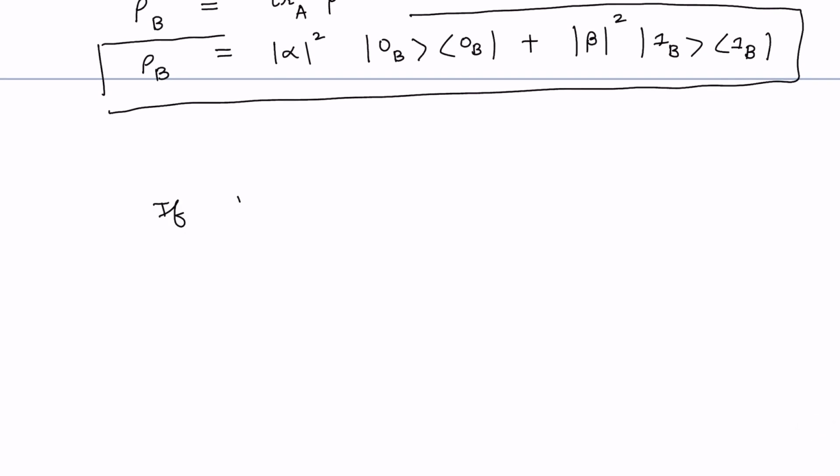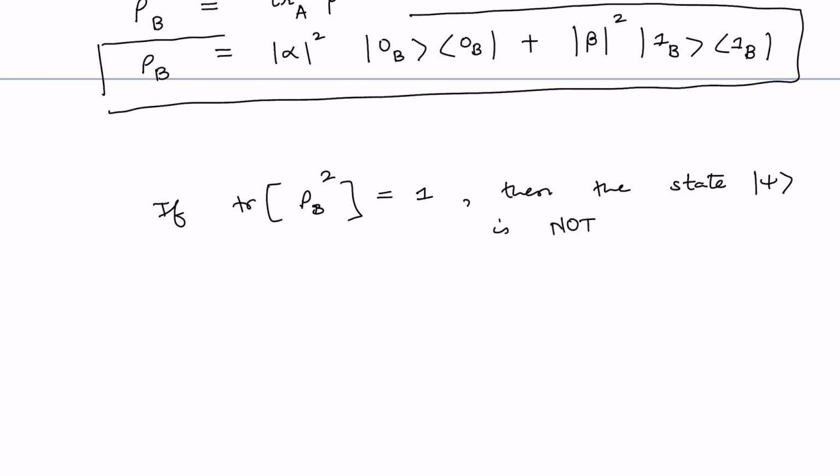If trace of rho_B squared is equal to 1, then it is clear that the state |psi⟩ is not an entangled state, because from our earlier discussion of density matrix, if trace rho squared is equal to 1, that tells us the state is pure.